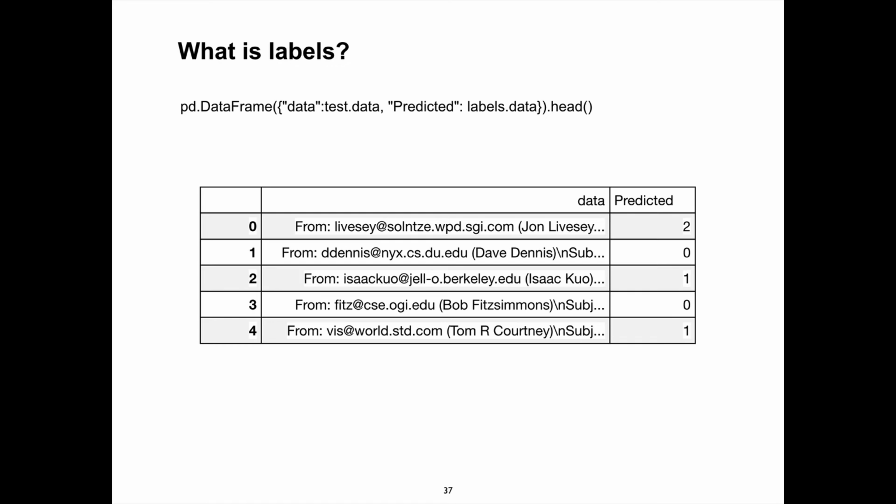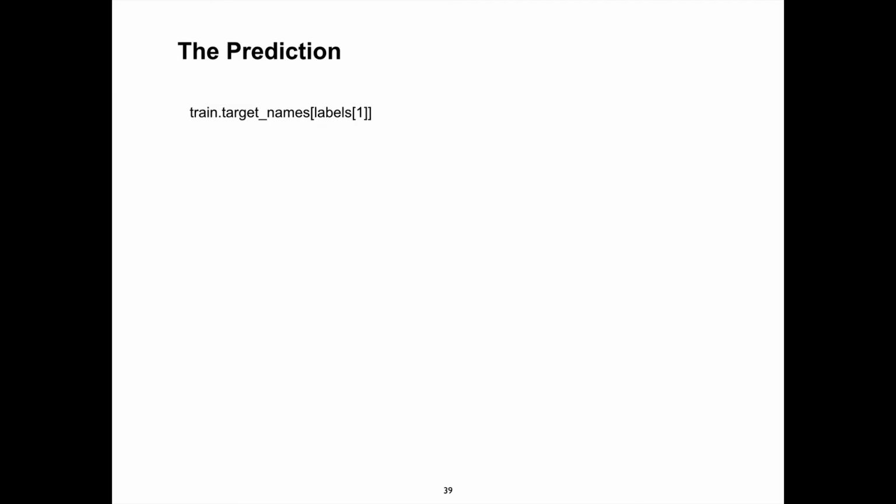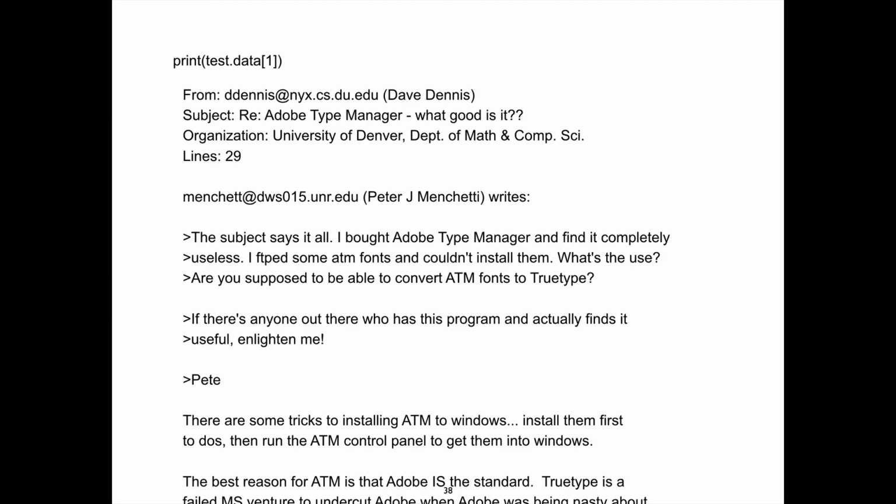So what was group 0 again? Graphics. Ah, right. It was talking about Adobe Type Manager, which is using fonts, right? And so, yeah, it makes sense that talking about fonts would belong to graphics.